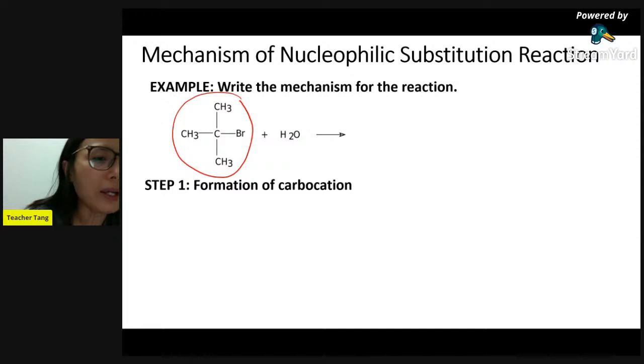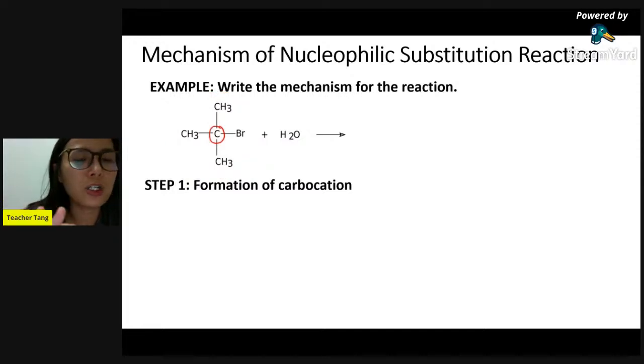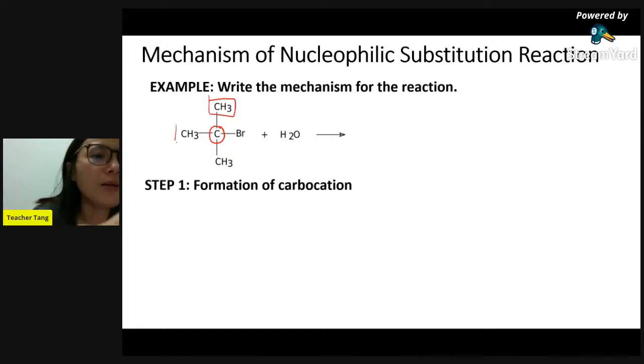So for this haloalkane, the reference carbon is attached to no hydrogen. If no hydrogen, that means there are 3 alkyl groups, so this is a tertiary haloalkane.